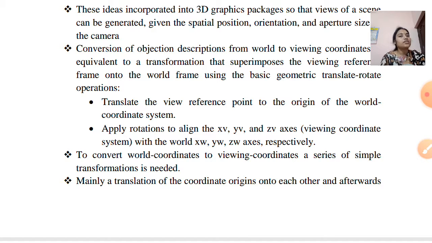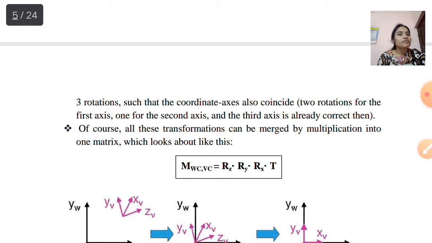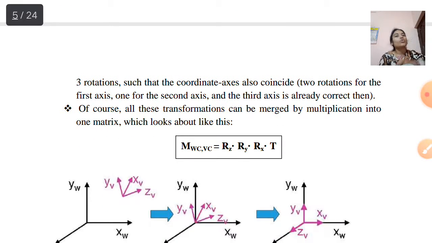Mainly a translation of the coordinate origins onto each other, and afterwards 3 rotations such that the coordinate axes also coincide: 2 rotations for the first axis, 1 for the second axis, and the third axis is already correct.